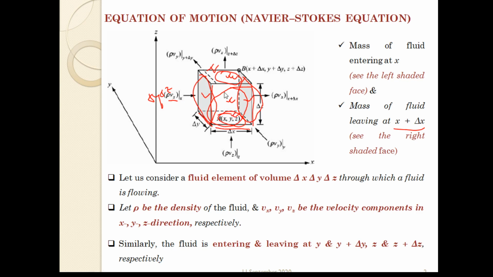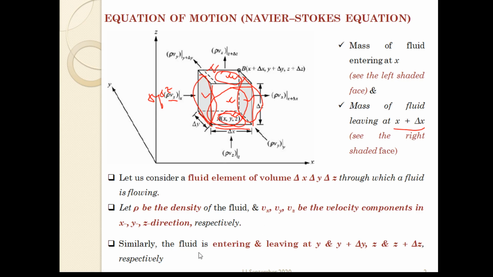Now rho is the density that we are using for finding out the momentum, and Vx, Vy, Vz are the velocity components in the x, y and z direction.